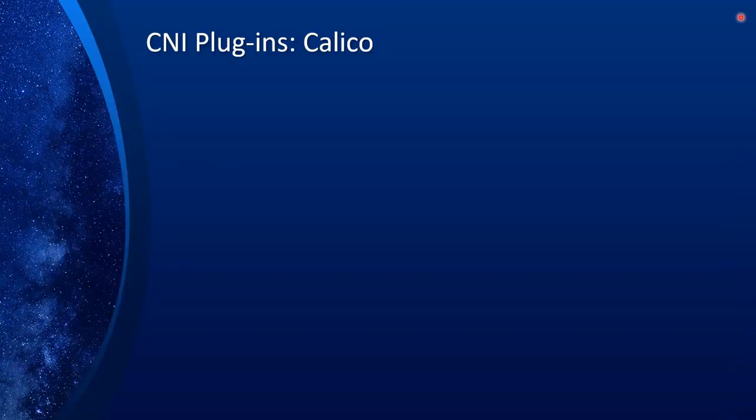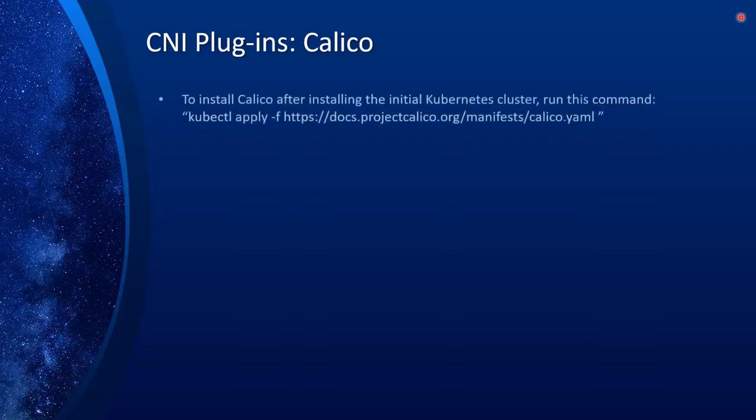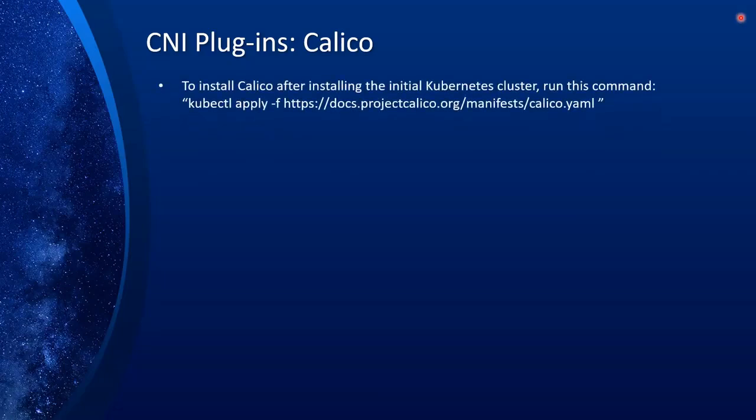Now that we have some understanding of how CNI plugins work, let's talk about Calico, which is a very popular CNI plugin provider. In the previous episode, we discussed flannel. To install Calico, once you set up your initial Kubernetes cluster, you can run this command, kubectl apply -f, followed by the URL to where the installation package is.